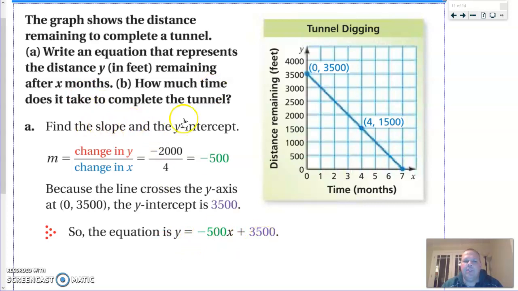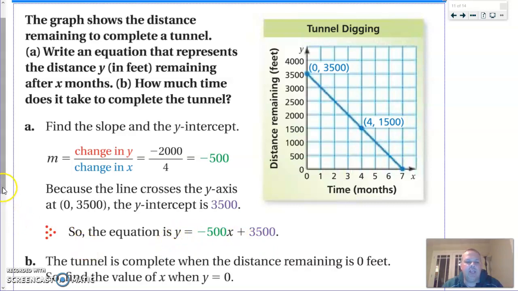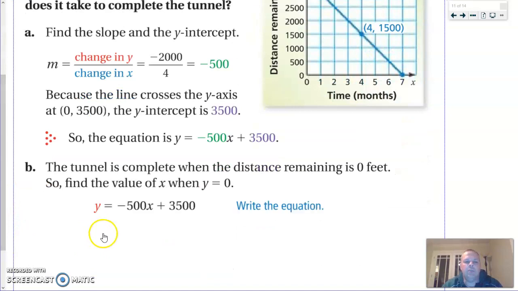How much time did it take to complete the tunnel? So if y is 0, how do I get this? When I substitute that in, y equals negative 500x plus 3,500.